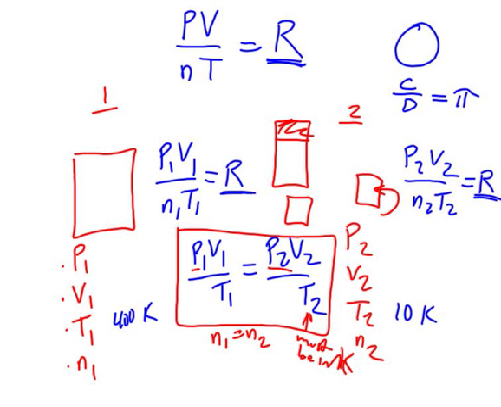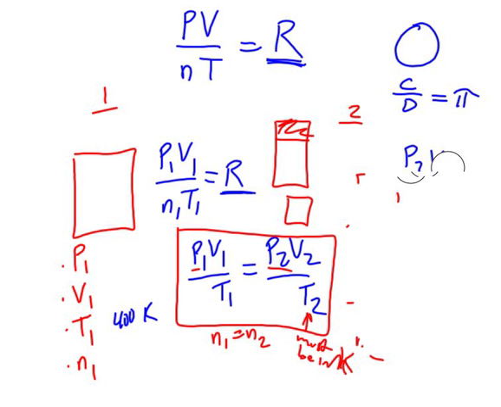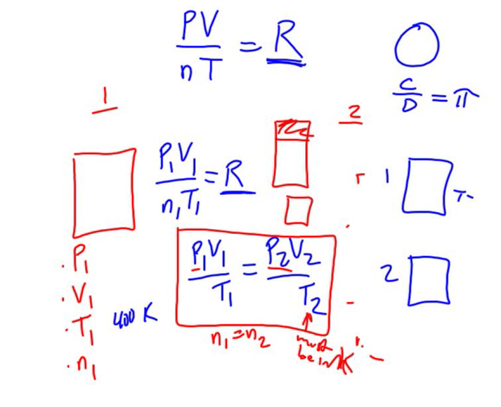And there are variations on this combined gas law. For example, let's say I have a gas in a rigid container. So here's the gas at state 1, here's the gas at state 2. And let's say here the gas was at a temperature of 200 Kelvin, and here was at 400 Kelvin, and I wanted to figure out how did the pressure change from state to state, but it was a rigid container.